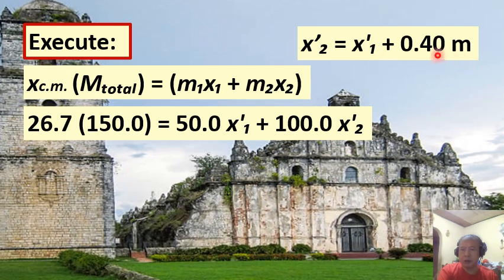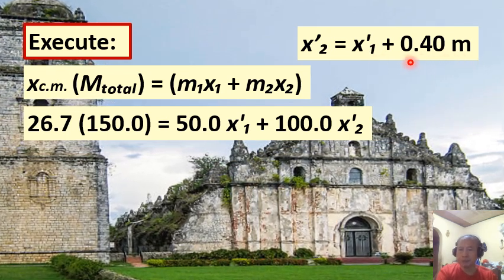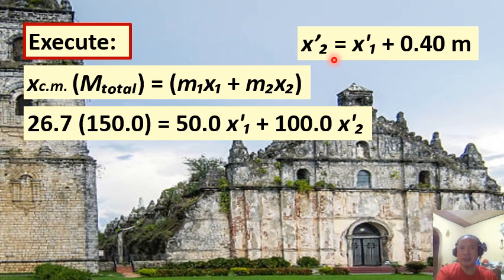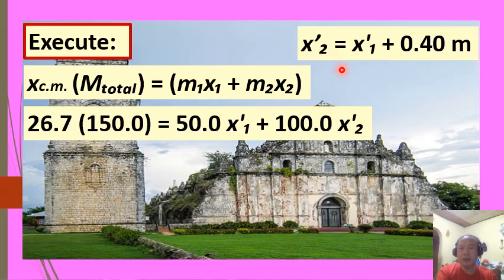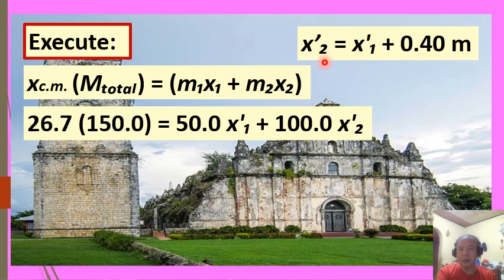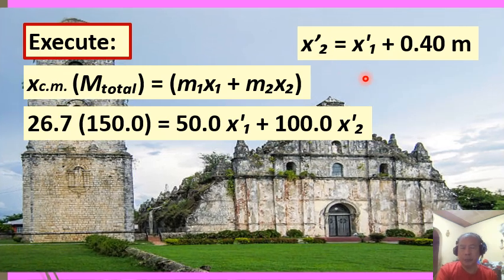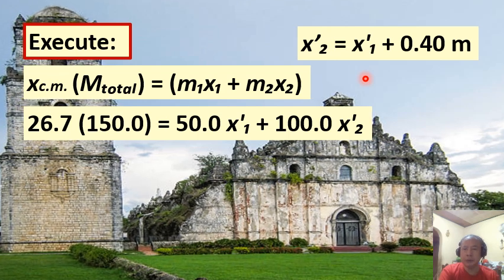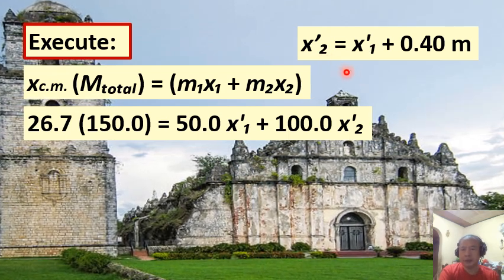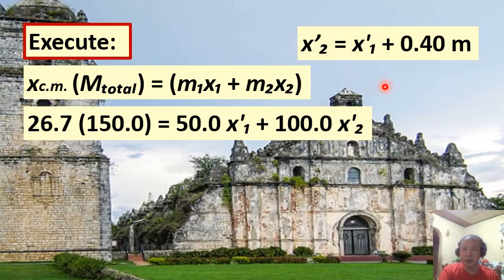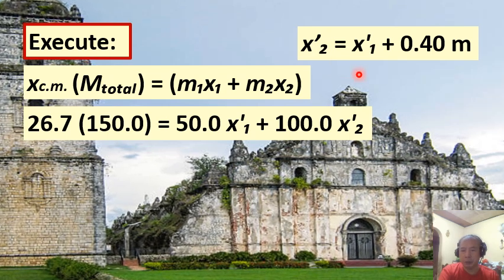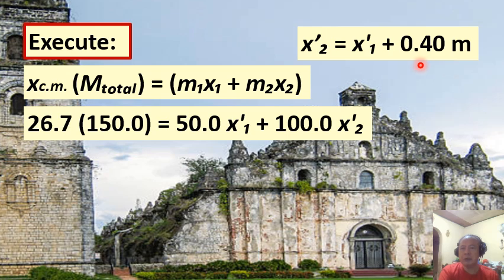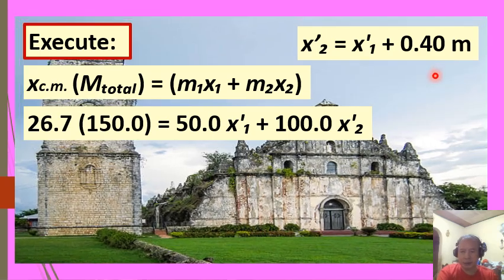This is because x prime 2 is a distance that will be covered by the center of sphere number 2 at the start until it collides with sphere number 1. So 0.40 is just the sum of the two radii.